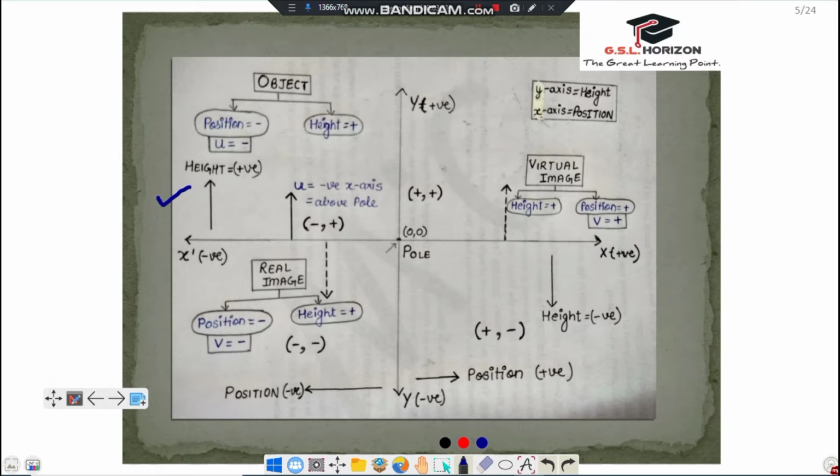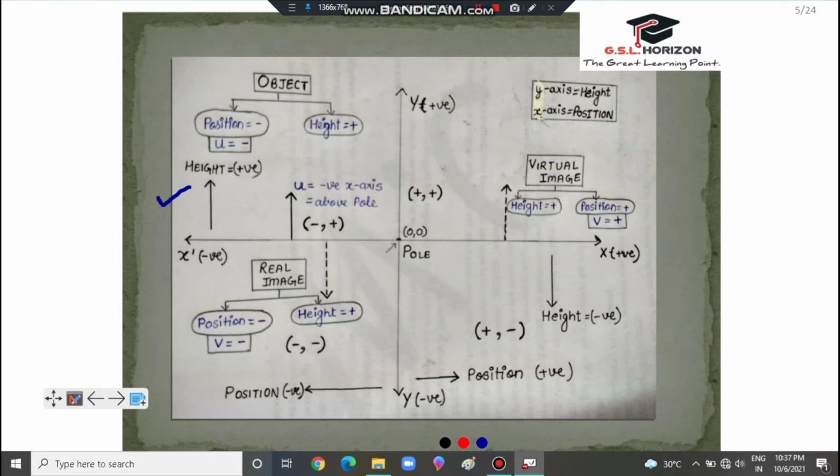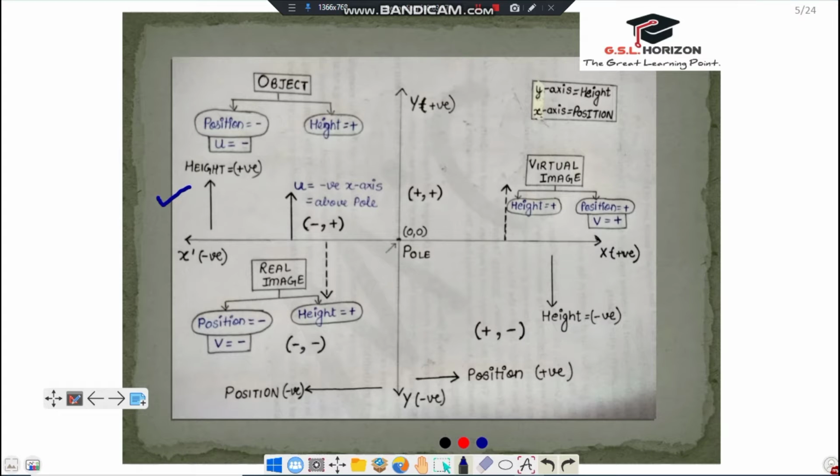Friends, distances measured perpendicular to and above the principal axis, as we can see above the principal axis, also along the y-axis, are taken as positive because of their upward nature.